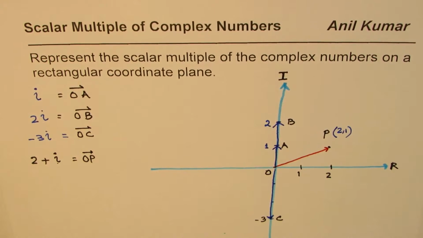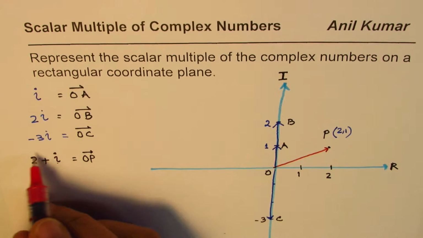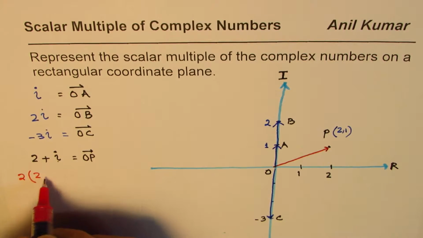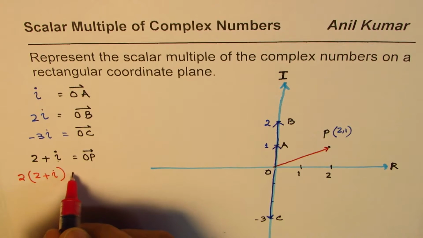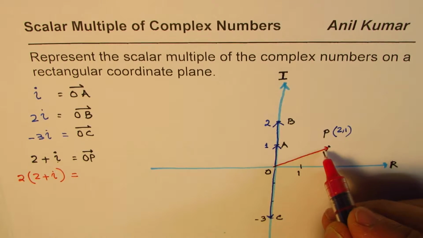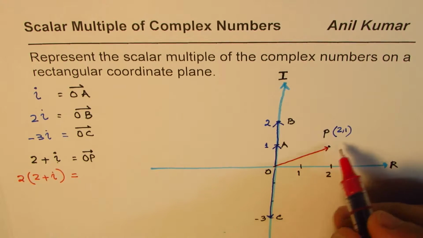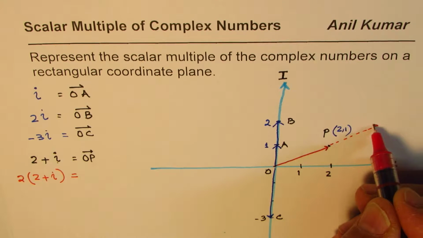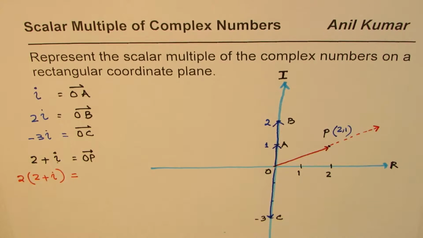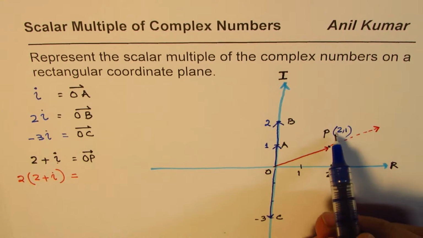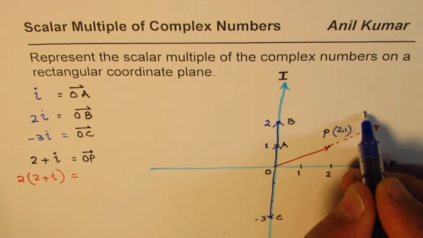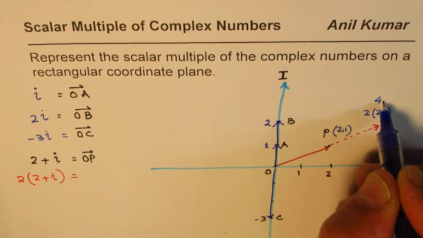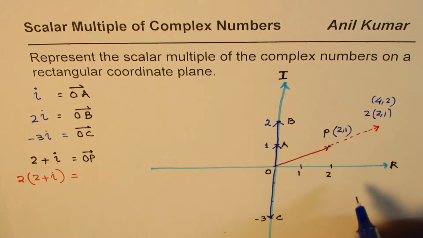Now, if I multiply this by, let's say, the number 2, 2 times 2 plus i, what does that mean? It's a scalar multiple of this vector. So I just extend it by the same length along the same side. Basically 2 gets multiplied with the numbers inside. So it is 2 times 2 comma 1, or you could write this as 4 comma 2. Both are the same.